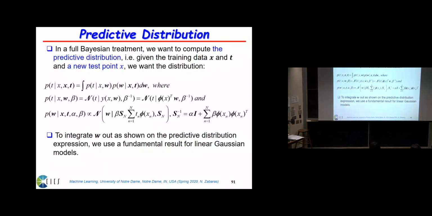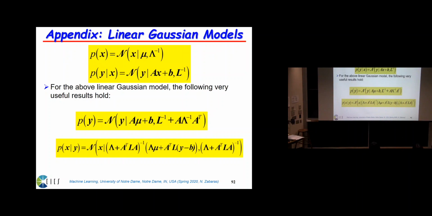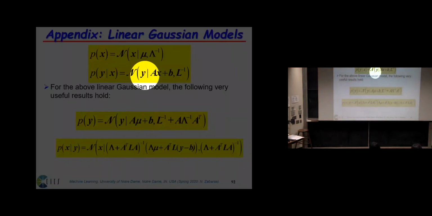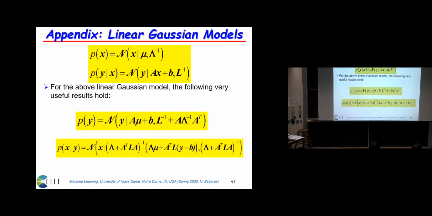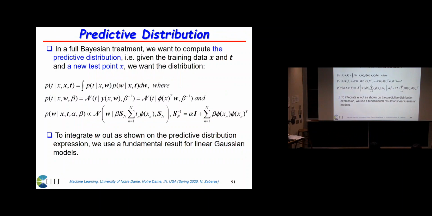Can somebody tell me, looking at this, remember here I had P of x and P of y given x, and this conditional has a mean that is linear in x. Can you look at these formulas, the second and third row, and tell me what is x and what is y in my problem? If I'm going to use these formulas, what should I use as x and what should I use as y?